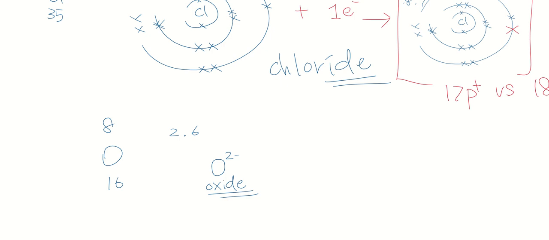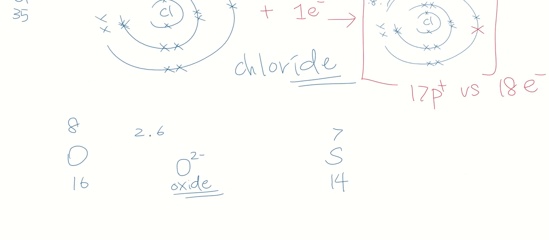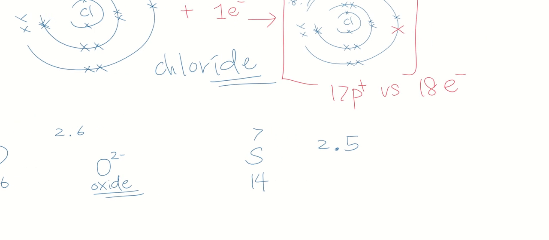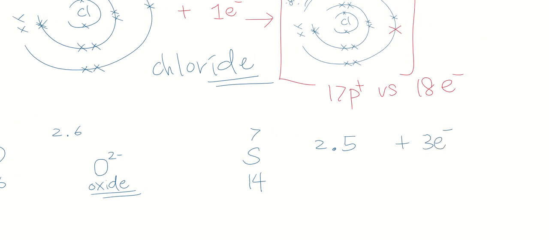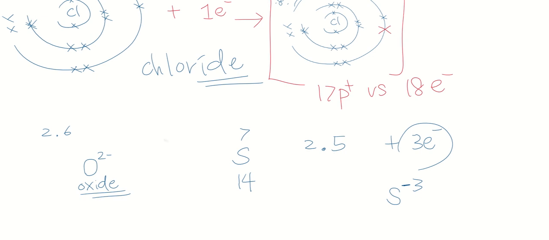We do one more, sulfur, very quickly. Sulfur, what is the number on top? 16, right? 16, 32. So this will become 2, 8, 6. Yes? Need how many electrons? 2. So sulfur will become -2, sulfide. Yes?